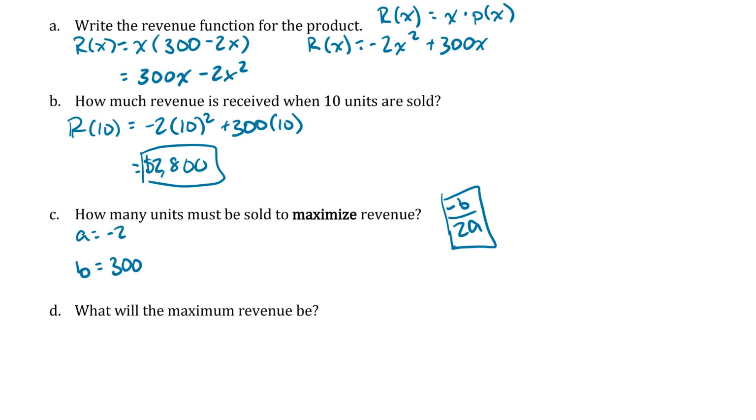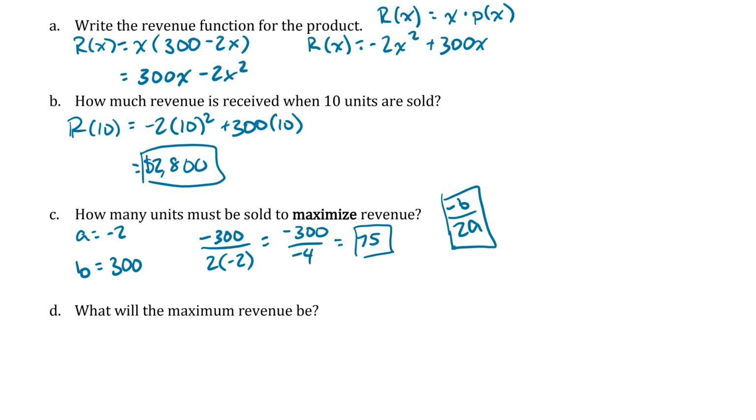We just plug them into that little formula. So negative b will be negative 300 over 2 times a, which is negative 2. So it would be negative 300 divided by negative 4, which would be positive 75. So 75 units will maximize the revenue.